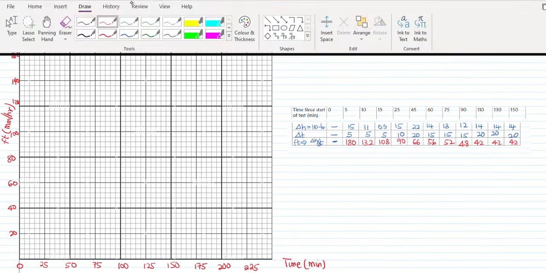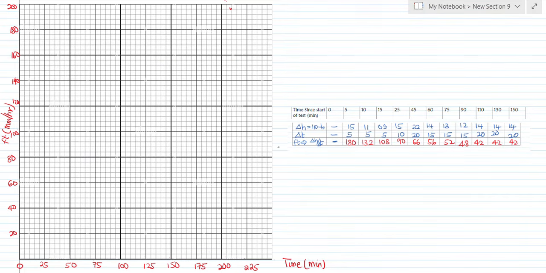So I'm going to use the green marker to do the plotting. When the time was zero, there was nothing. When the time was five, our infiltration was 180. One line is five. If from here to here is 25, it means that this is 5, 10, 15, 20, 25.